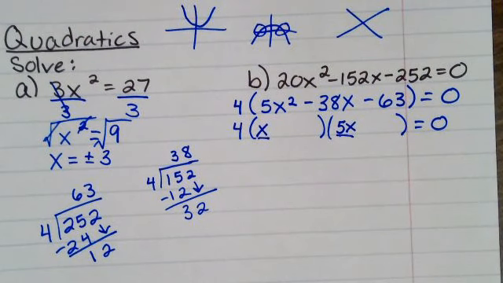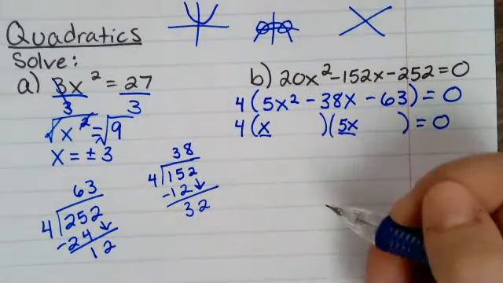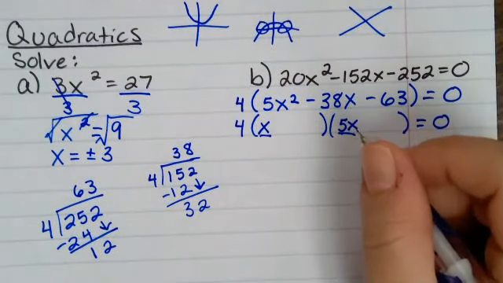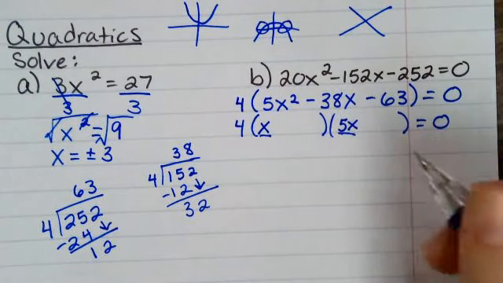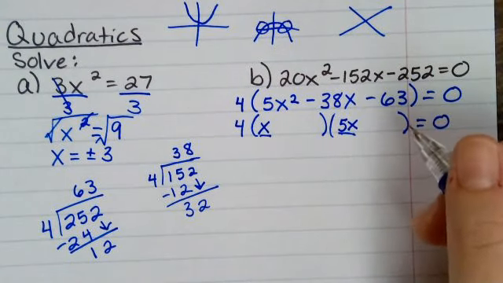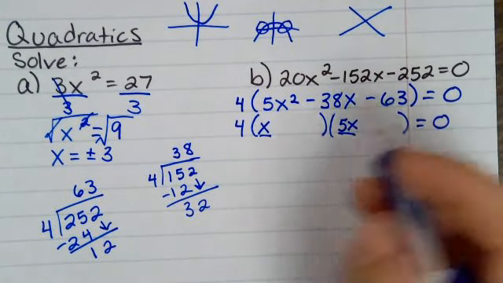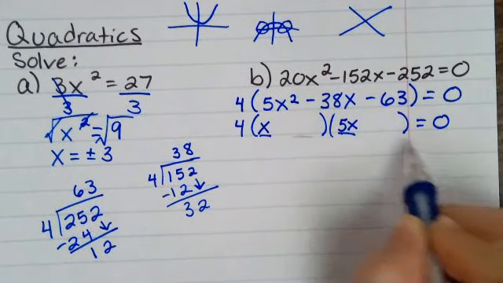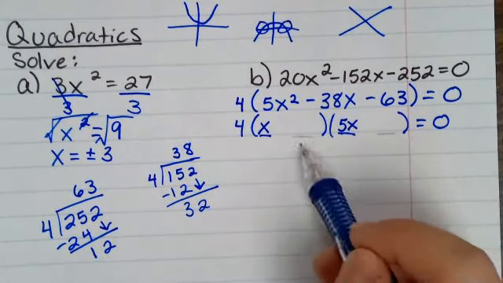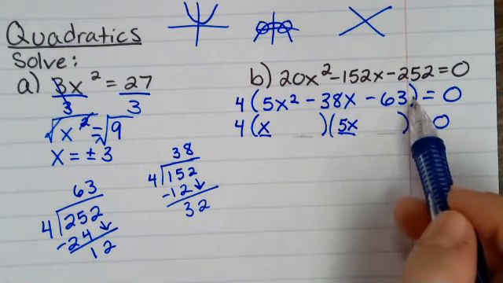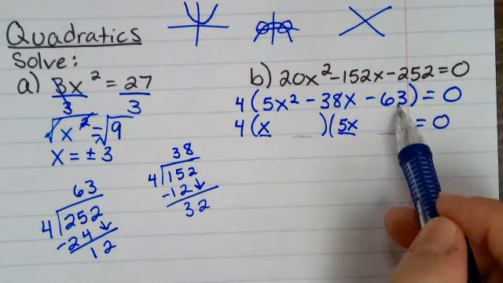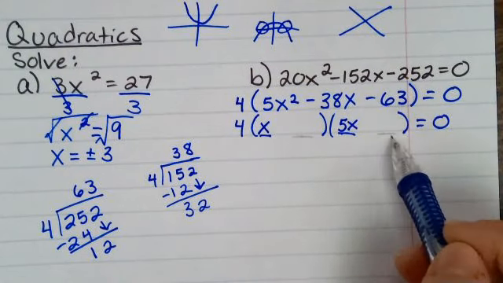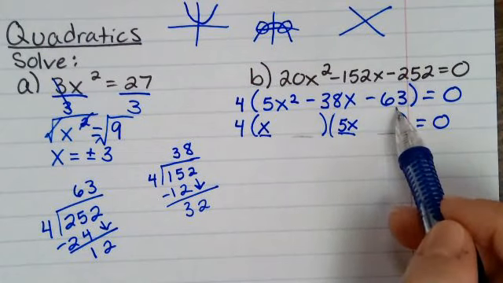Now here's where I'm going to grab my pencil, guys, because we are guessing and checking. So I'm going to write in pencil so that I can erase things if something doesn't work out. What I need for my last terms here is I need these last 2 pieces to multiply to be the last piece in my trinomial, meaning I need these last 2 numbers to multiply to be -63.